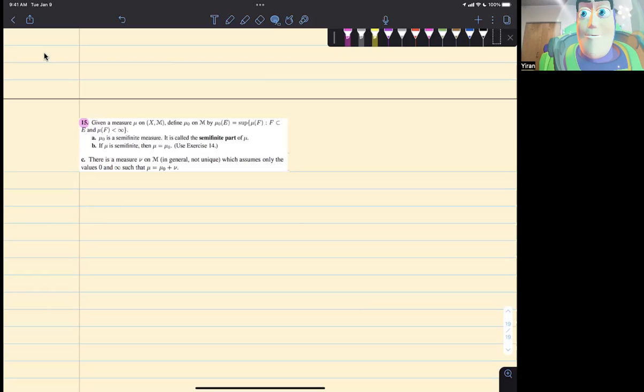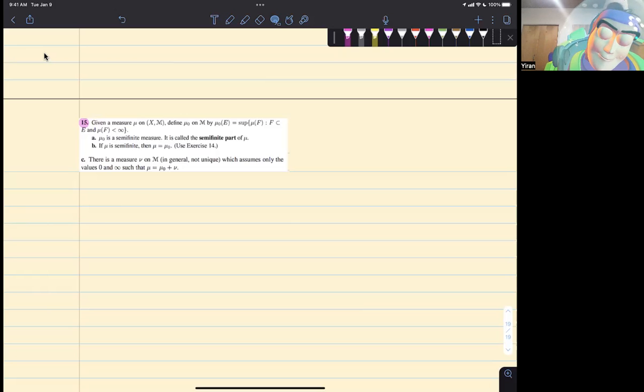Recall the definition of measure. There are 2 simple pieces. The first one is that the measure of the empty set is equal to 0. So we're going to check that mu naught of the empty set is equal to 0.